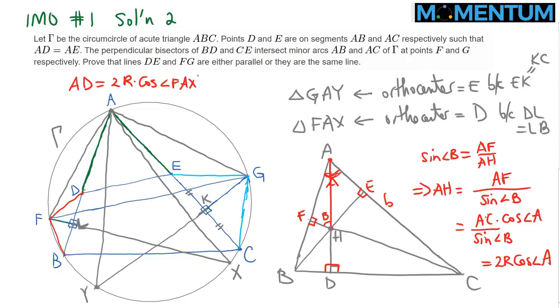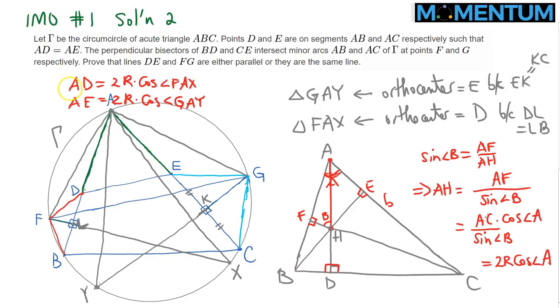And similarly, at the expense of ruining the picture, okay, let's ruin it. So AE is equal to 2R times cosine of angle, this is for triangle GAY, so that's just angle GAY.